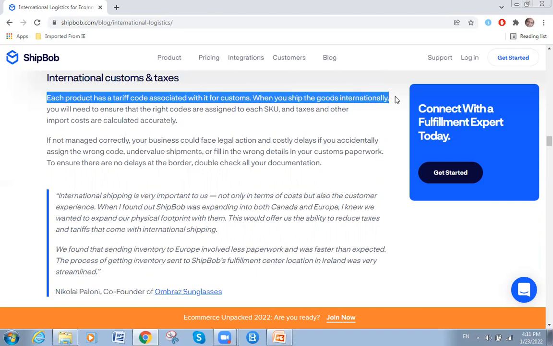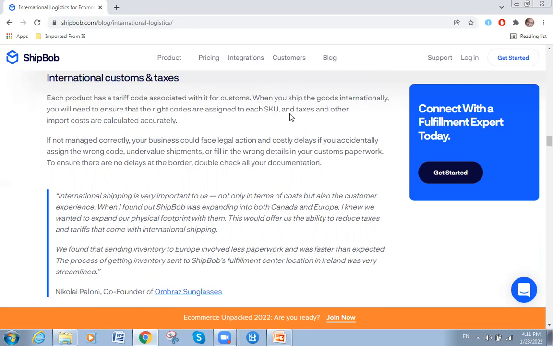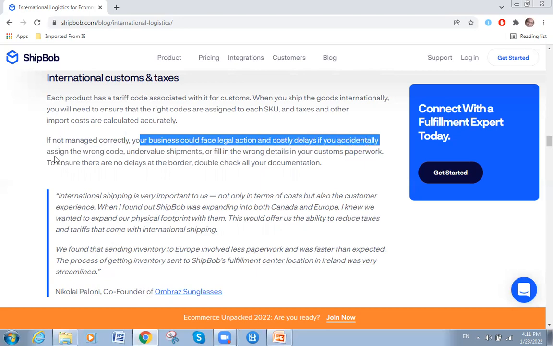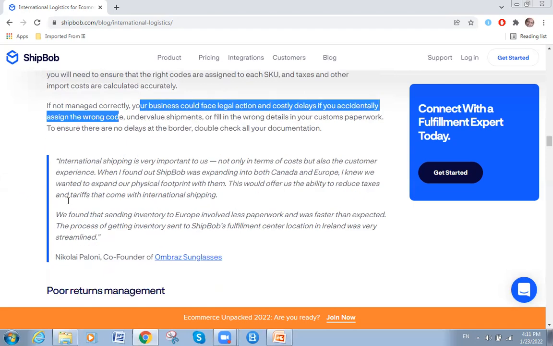When you ship goods internationally, you will need to ensure that the right codes are assigned to each product, and that taxes and other import costs are calculated accurately. If that was not managed correctly, your business could face legal action and costly delays if you accidentally assign the wrong code.